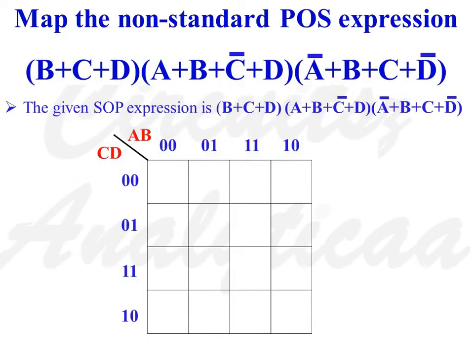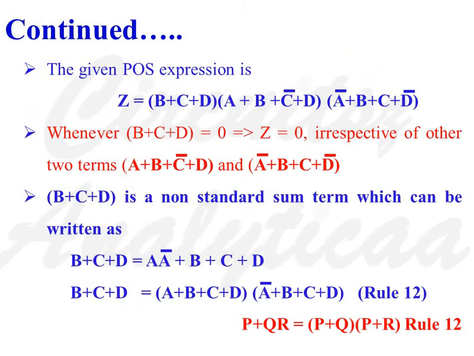Problem number 2. Map the non-standard POS expression B plus C plus D into A plus B plus C bar plus D into A bar plus B plus C plus D bar. So the given POS expression is Z is equal to B plus C plus D into A plus B plus C bar plus D into A bar plus B plus C plus D bar.